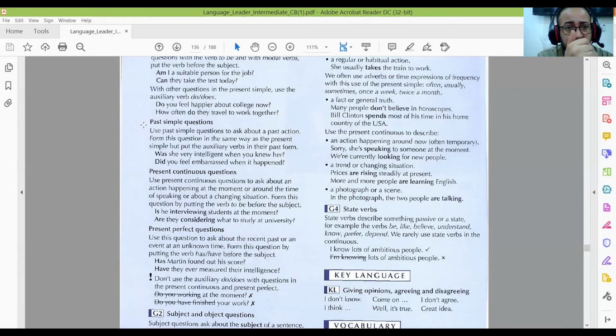This is number one. They will also have different answers. This is number two. Number three, they will feel more active, and this is the most important thing. Number four, it will be student centered. This is what we are looking for because we want the students to speak. They don't want to listen to us speaking.